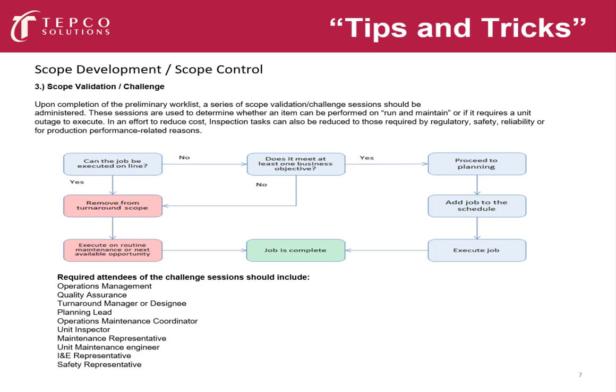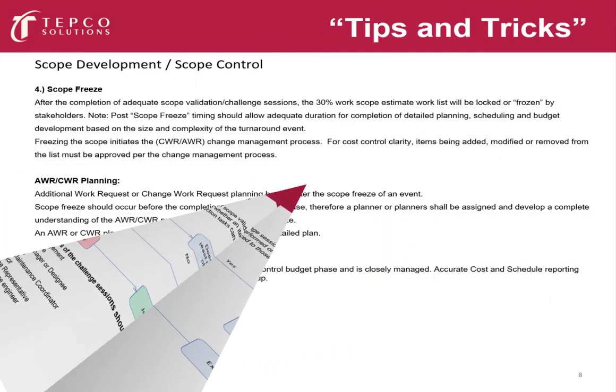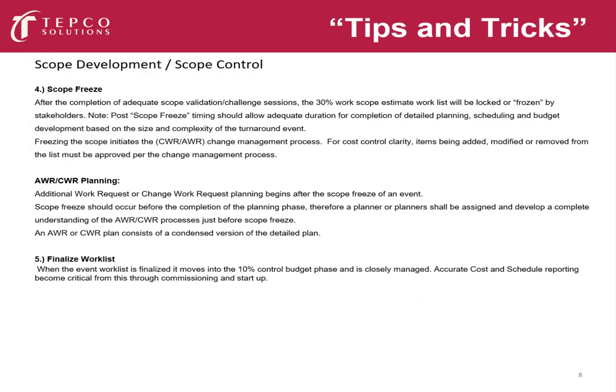And then we'll work together to challenge these items to see if they can be done outside of the turnaround. If they can, we certainly want to do that, because turnaround events are a very costly opportunity to execute these jobs.